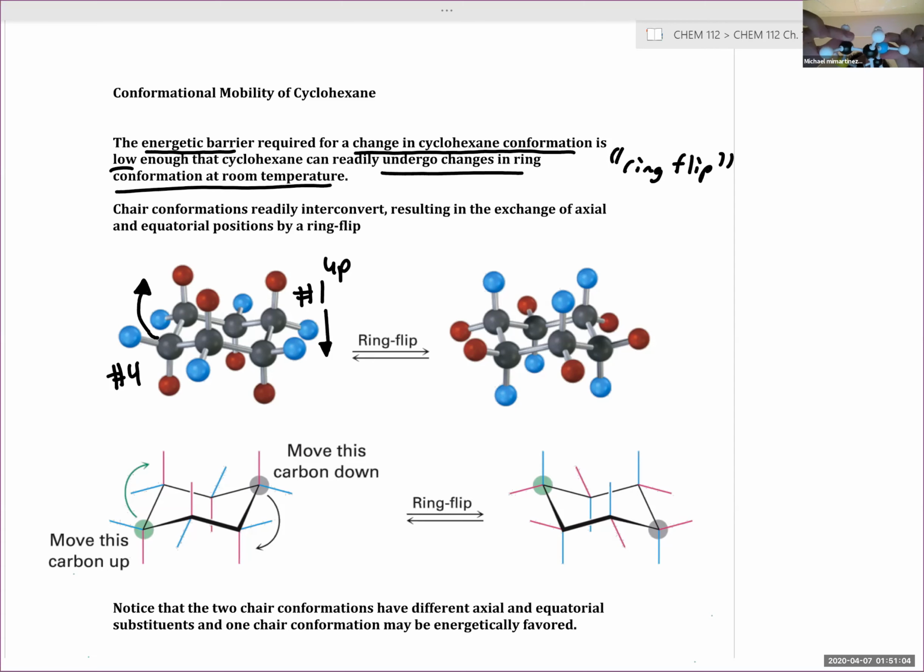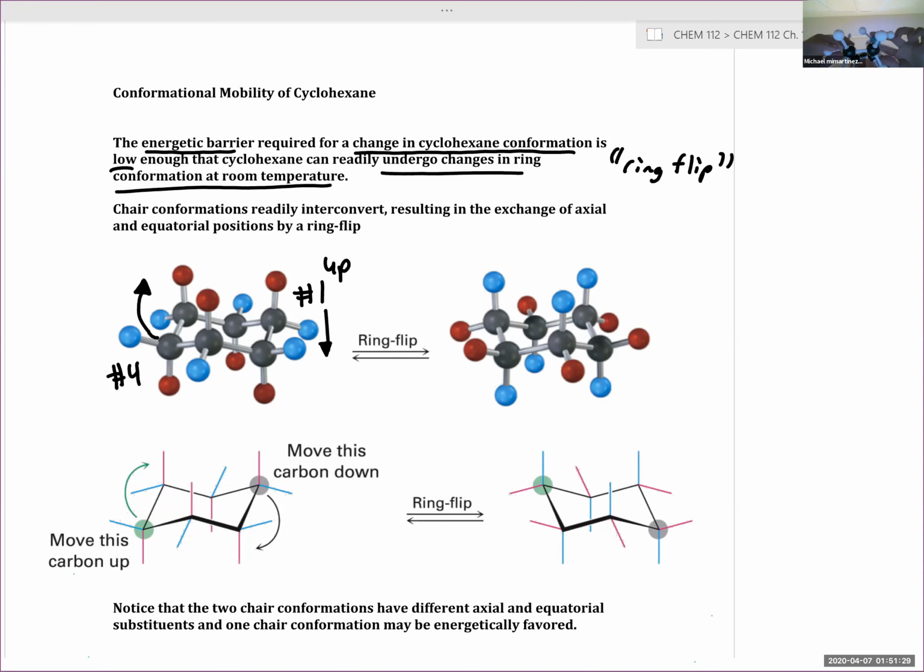And one thing that you begin to see, it's not just being turned upside down. When you start to undergo a ring flip, as you bring the yellow carbon up, just watch really closely what happens when I move the yellow carbon, our other substituents change in position.